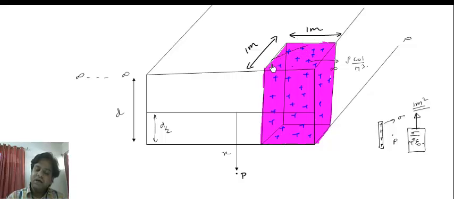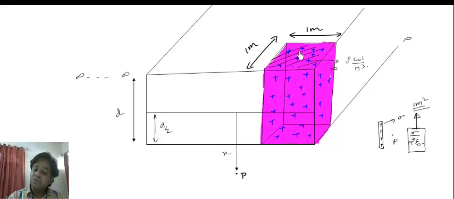The charge within this 1 meter square area can be simply treated as sigma, because sigma is the charge in 1 meter square area. So I took this 1 meter square area of this large slab, and I am going to find out the charge in it.